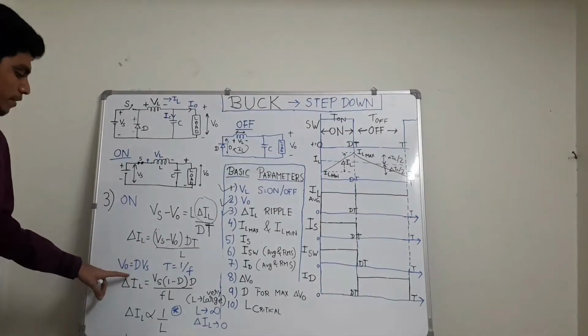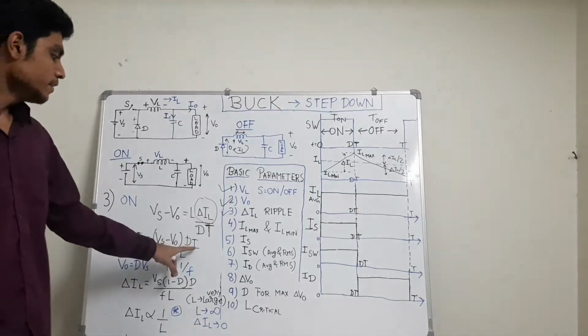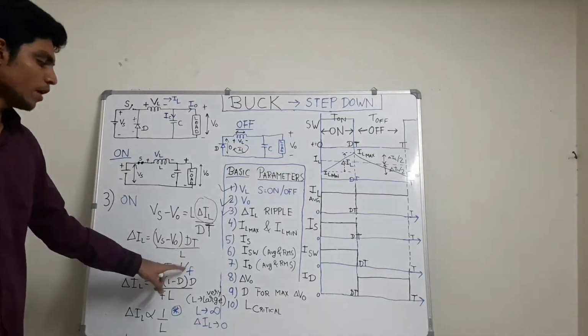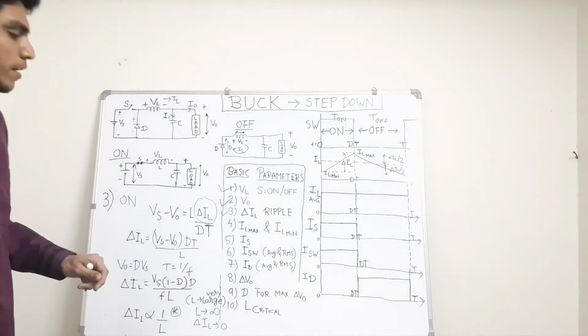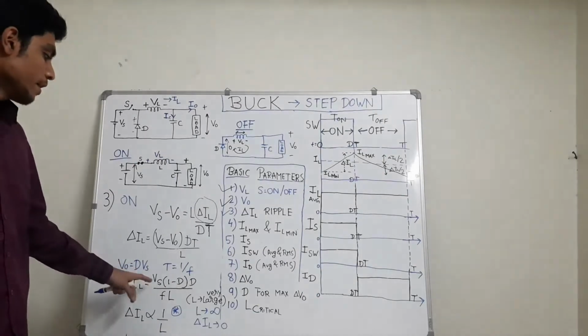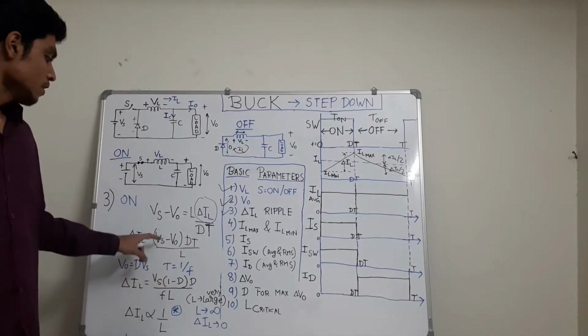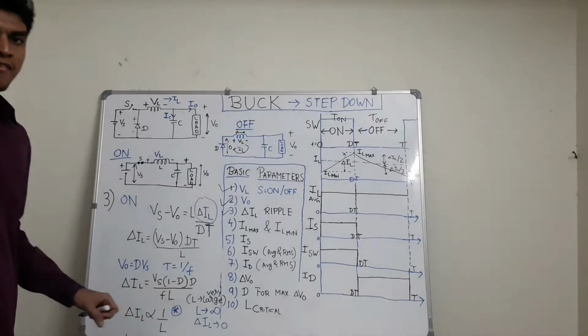So if V0 is, as derived, dVs, and this time period t is 1 upon f, the frequency of switching, then del IL, ripple in the inductor current, will be given by Vs into 1 minus d into d upon fL.